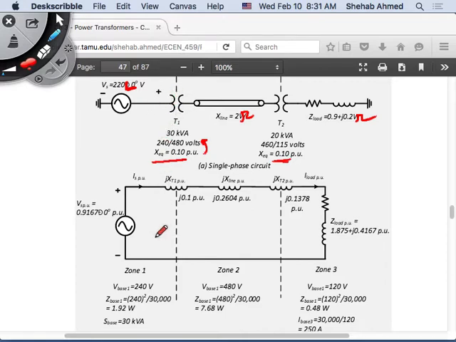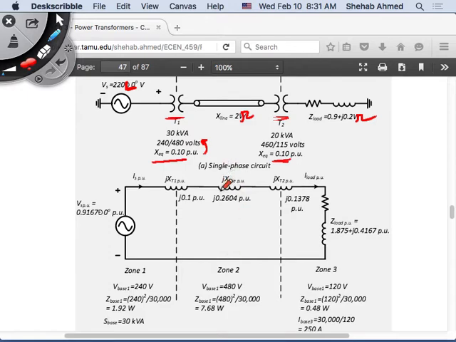So to do that, I need to build my single-phase equivalent circuit representation of this three-phase system. And I would like to normalize everything using the per unit system because I don't want to deal with transformers. I want to eliminate the fact that I have transformers and just have a nice simple circuit that looks like my 214 type problems that I have. Okay, so how do I go about that?